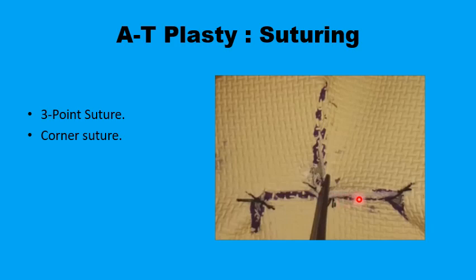There are 3 points that require extra attention and care: the point in the middle where 3 flaps meet, which needs a subcuticular 3-point junction suture, and the 2 points at the ends of the horizontal bar where you have an angle stitch.